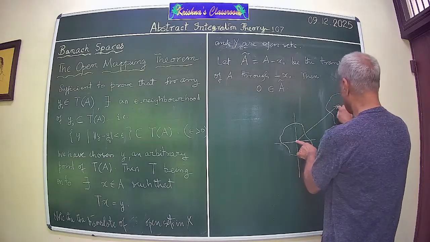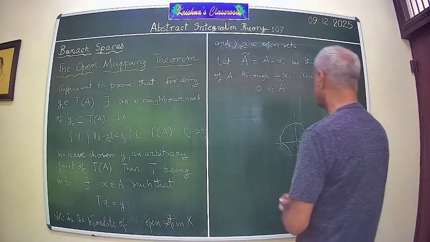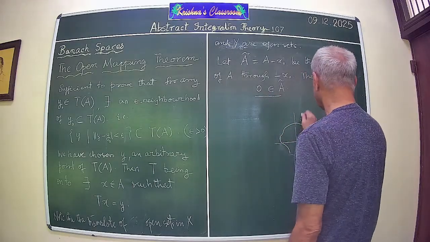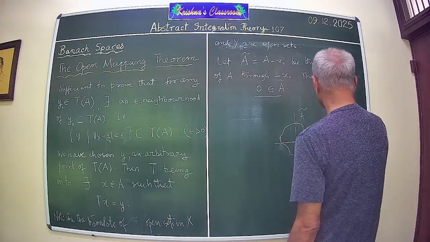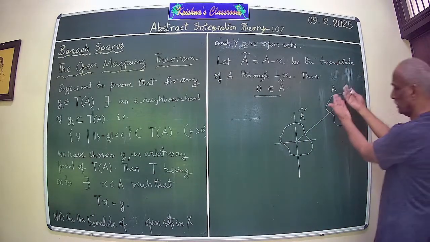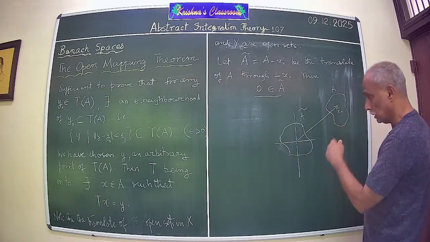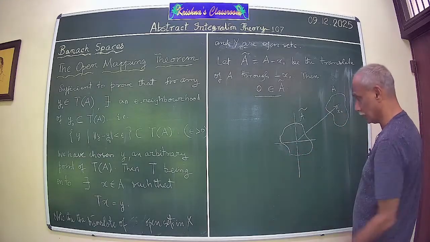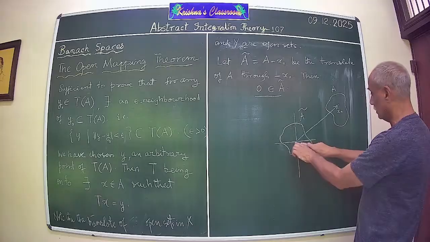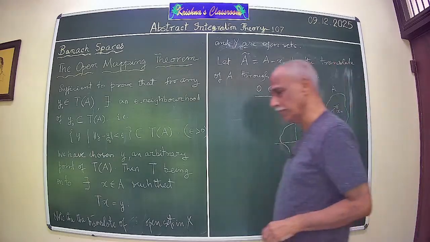This x naught is moved back to 0. So 0 belongs to A tilde. This is A. So you are just shifting it along minus x naught, then x naught gets shifted to 0. So 0 belongs to A tilde.